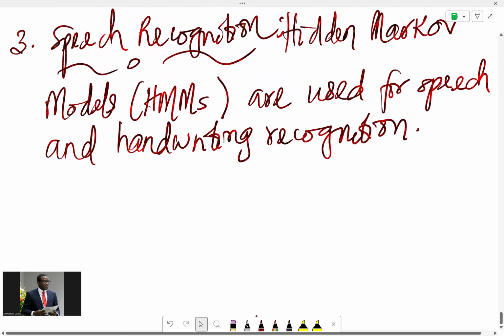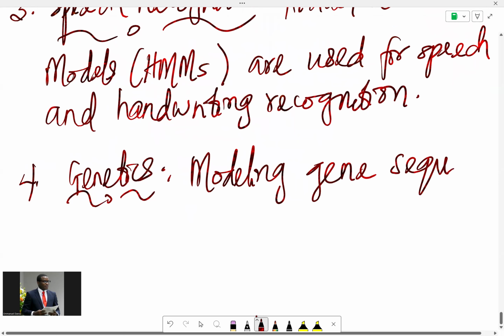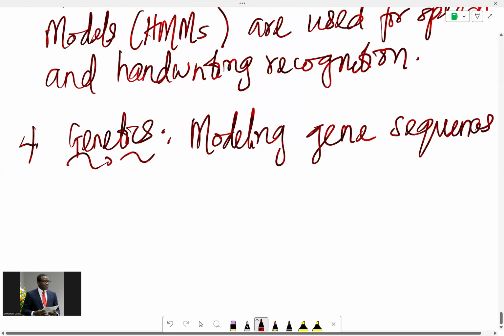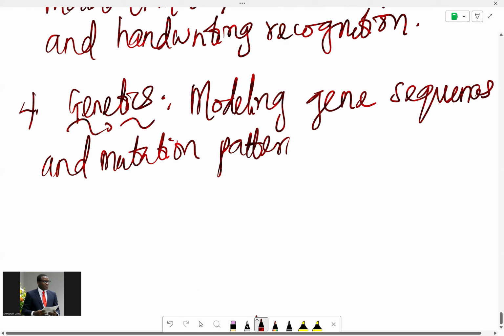And of course, we have application in genetics. Markov chains are applied in genetics, where you can use them for modeling gene sequences and mutation patterns over generations.